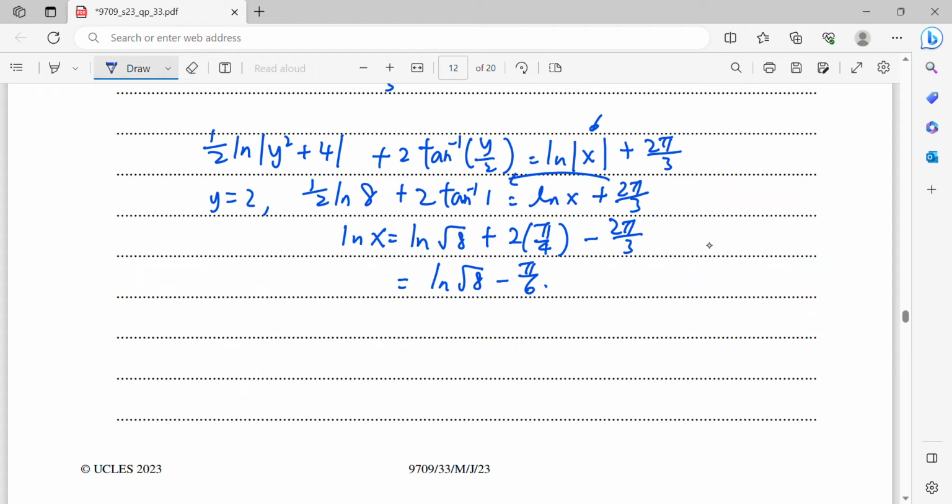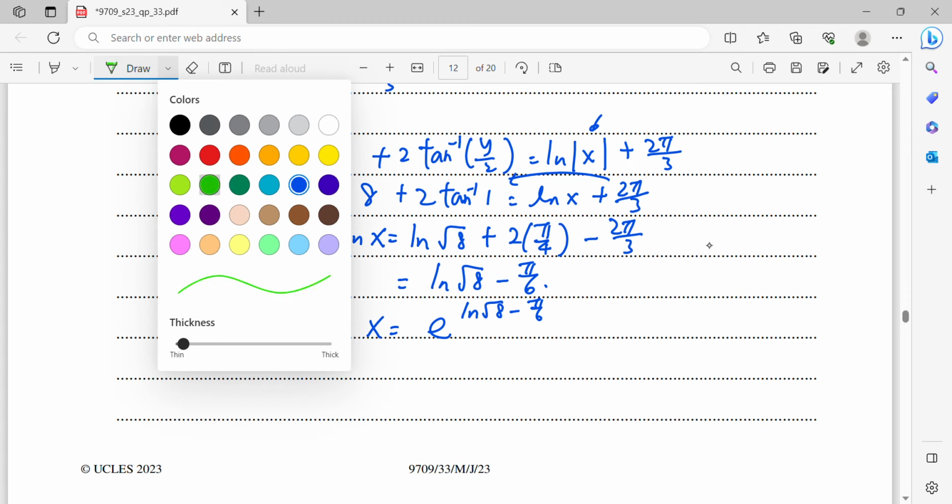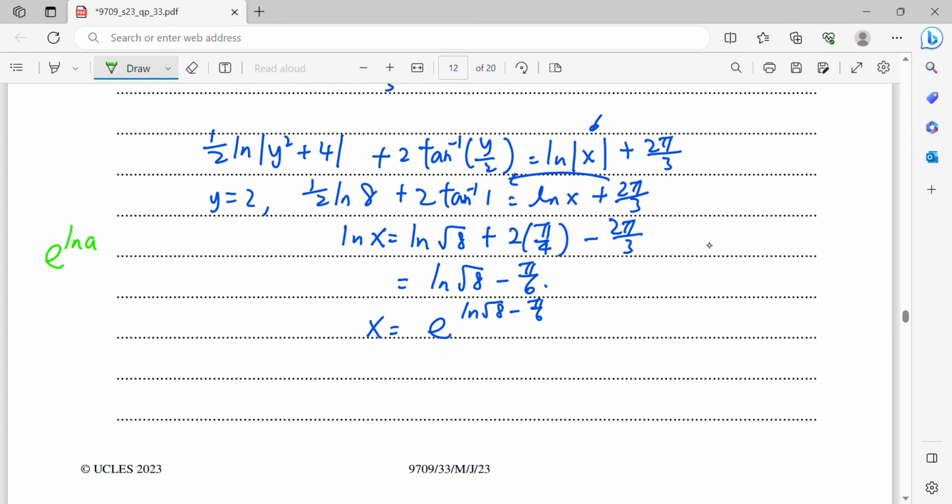So now my x is basically e to the power ln square root 8 minus pi over 6. Now for your information, e to the ln a is a. Or before that, e to the a minus b is basically e^a over e^b, or you can say that it is e^a times e^(negative b) as well.